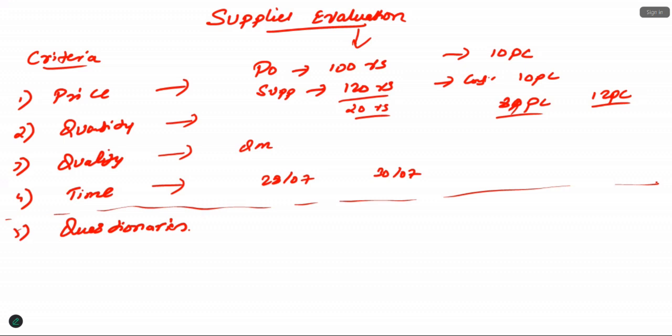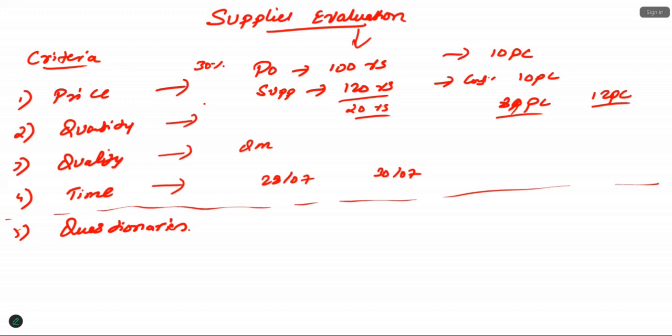The only thing what we need to do is we need to figure out which criteria is applicable for which supplier, and what is the weightage of that criteria. So for price, I'll give more preference. So I'll give 30%.